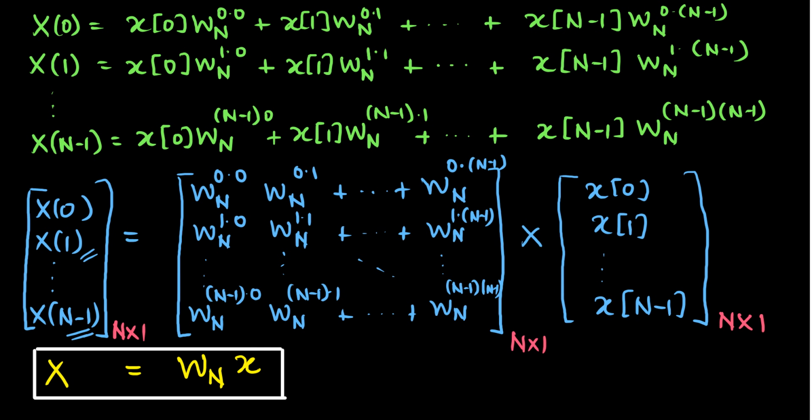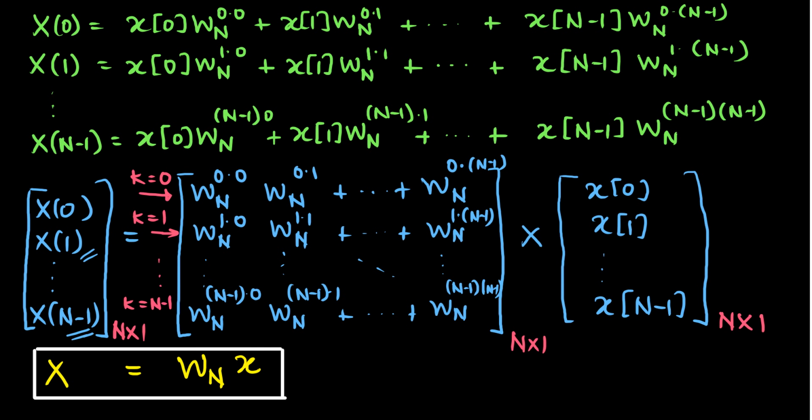Now each row corresponds to a particular value of k. So the first row corresponds to k equal to 0, the second row corresponds to k equal to 1, and so on, and the last row corresponds to k equal to n minus 1.